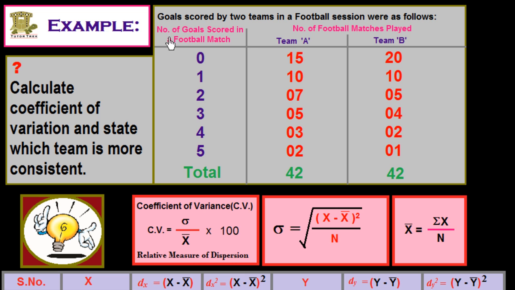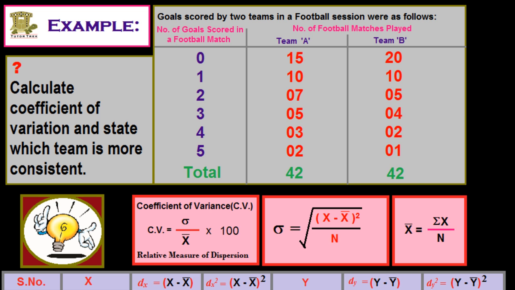You see here the number of goals scored in a football match: 0, 1, 2, 3, 4, 5 goals, and the number of football matches played by team A and team B. By team A the number of matches played: 15, 10, 7, 5, 3, 2. And by team B: 20, 10, 5, 4, 2, 1. The total number of matches played by each team is 42.